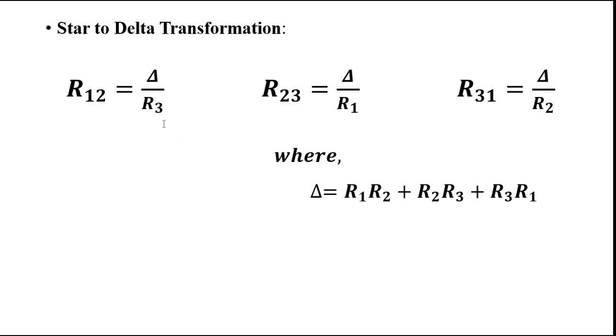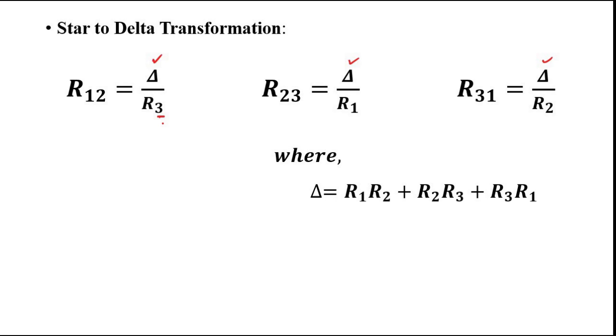Again, here the numerator is constant in all the cases. The only thing that is changing is the denominator. Here we want to determine R12, so the point that is missing is 3, which is here, R3. Here we want to determine R23, the resistance value connected between points 2 and 3.